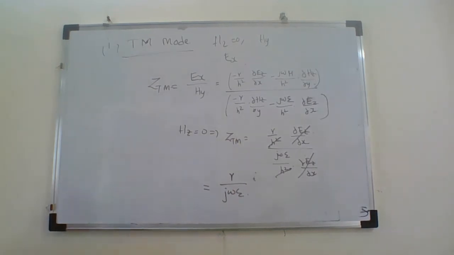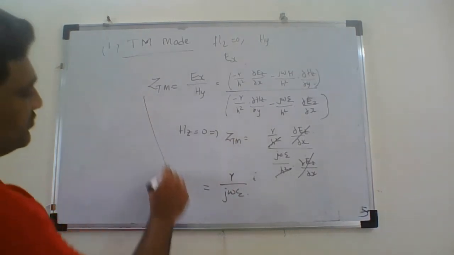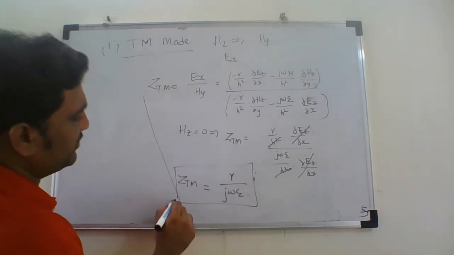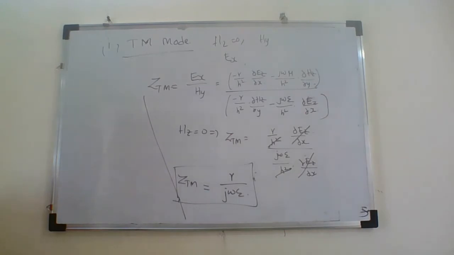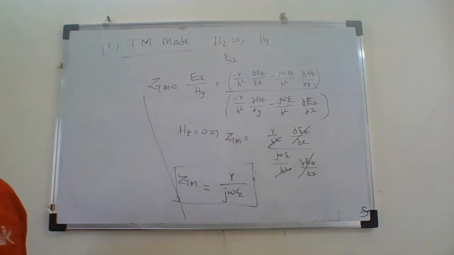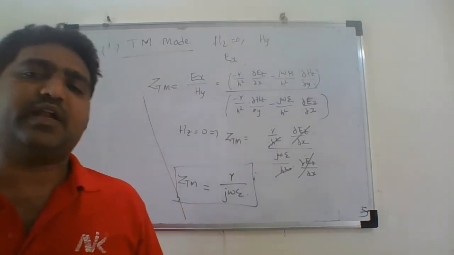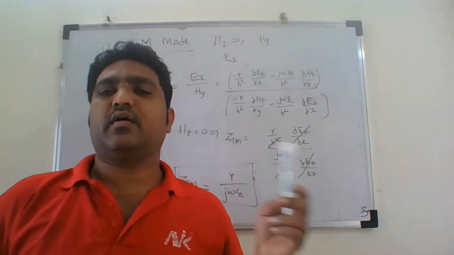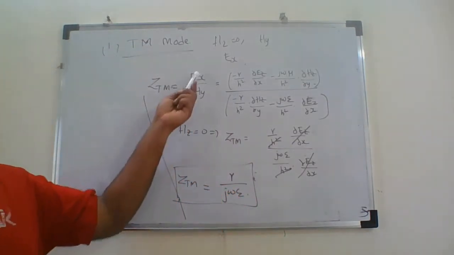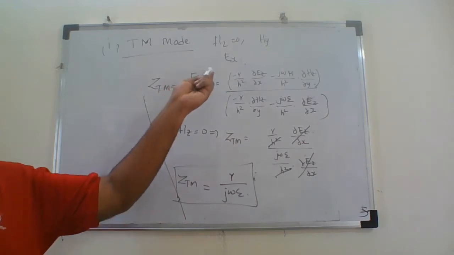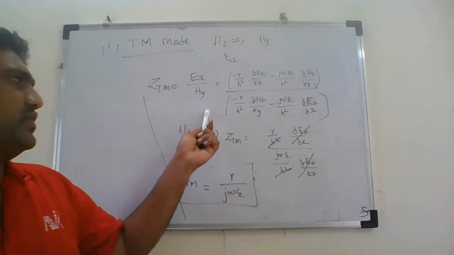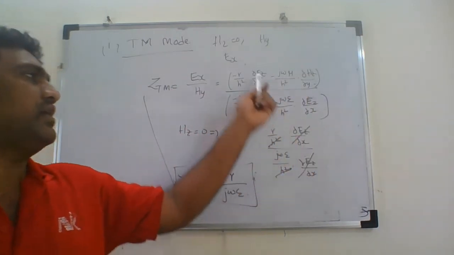So one expression I got, ZTM is equal to gamma by j omega epsilon. Just a quick repetition: as we discussed, wave impedance means the ratio of the electric field in one direction to the magnetic field in the other transverse direction, so here Ex by Hy. The general expression for Ex is this and for Hy is this.